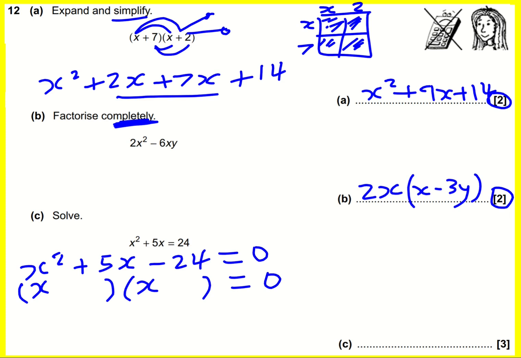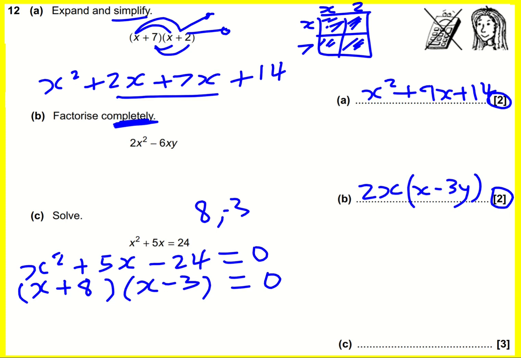That's how it always works when you multiply this out, when you just have an x squared by itself. So let's just try 8 and 3, but one of them is going to be negative. So that will work if we do 8 and minus 3. So we can do x plus 8, x minus 3. That will give us the minus 24 when we multiply, and the plus 5x when we expand those bits out.